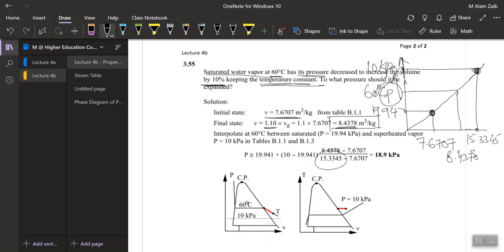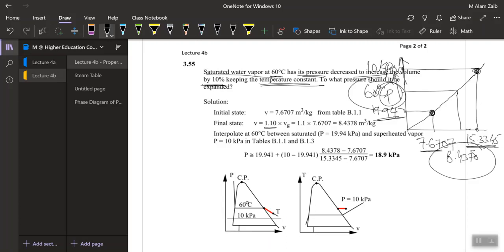It's not given, you need to find it out, but for simplicity I'm saying it is 15.3345. Now it must be very easy to interpolate between the values of volume and pressure, to find the pressure for an equal volume.